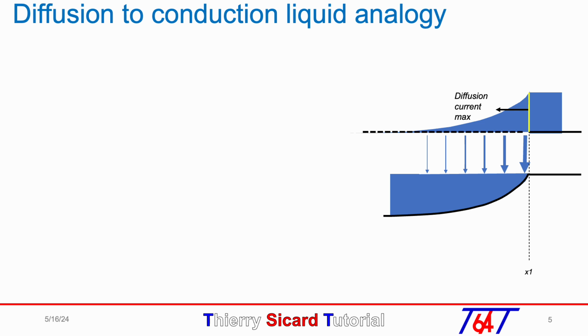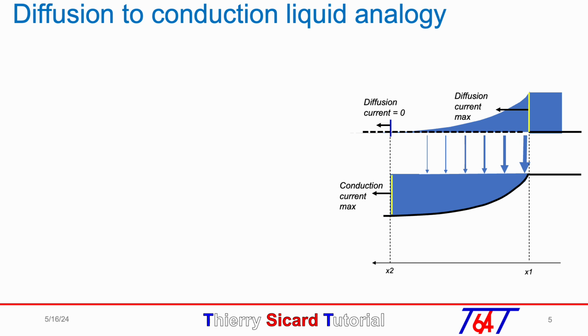At x equals x2, the diffusion current becomes 0, but all the infiltrated water representing the recombination current is collected in the lower water channel, and at x equals x2, the totality of the upper channel, meaning the maximum diffusion current, is replaced by the maximum conduction current.